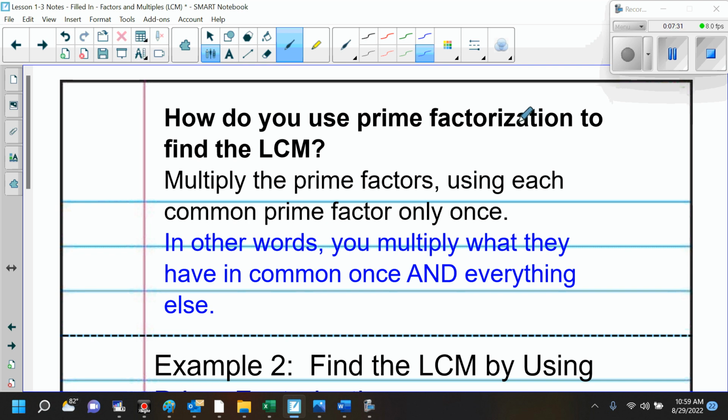So how do you use prime factorization to find the least common multiple? This is how we do it. We multiply the prime factors using the common prime factor only once. In other words, you multiply what they have in common and everything else. So I want you to write down that question, and you can write down either one of those, whichever one you understand better.